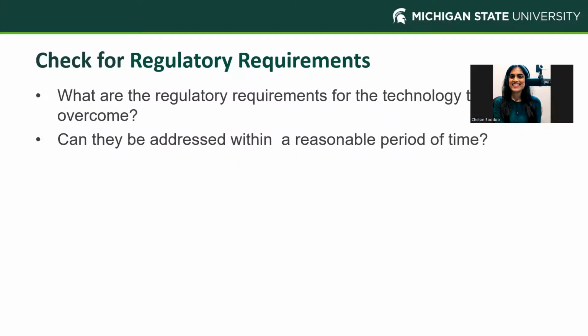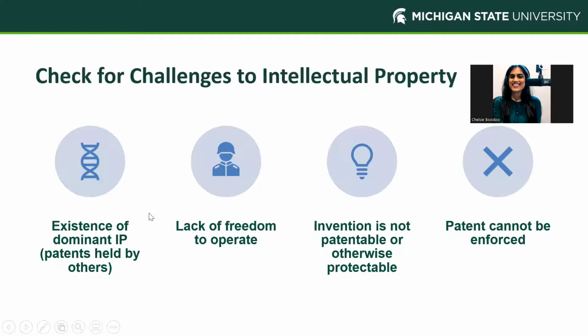Regulatory requirements. What are the regulatory requirements, safety requirements, and so on? Now, you have to check for challenges to intellectual property. You may have the IP, you may have the innovation, but there are existing patents held by others that are dominant, or there is no freedom to operate.